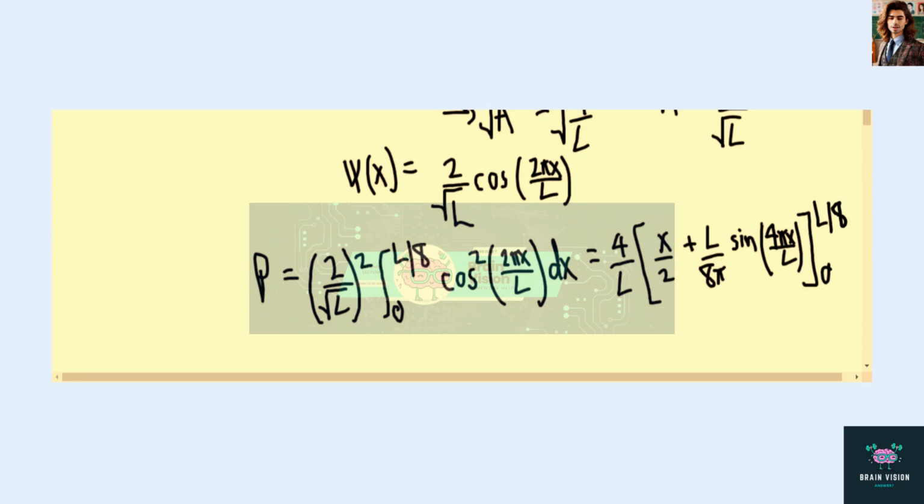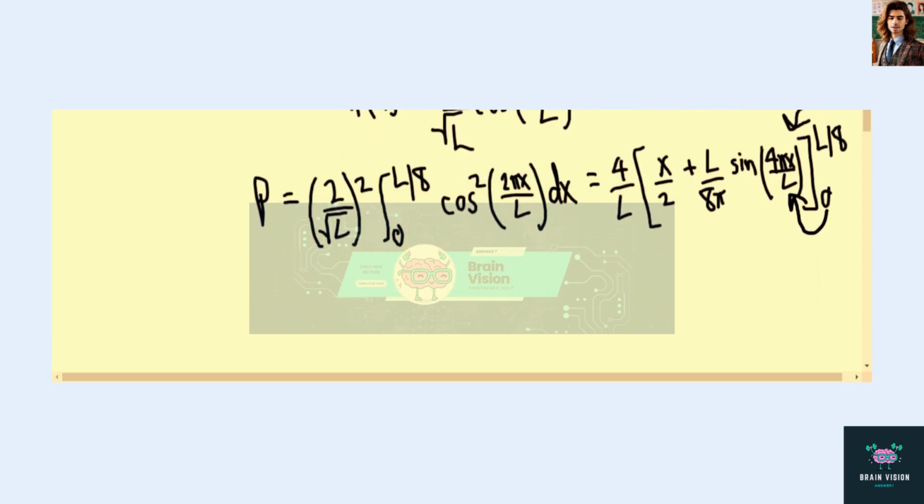So looking at the sine function, if we evaluate at L over 8, we can possibly get a contribution. But if we evaluate sine at 0, we will not, because the sine of 0 is 0. So let's scroll and get some room here, and we have the probability equals 4 over L, and we've got 1/2 times L over 8.